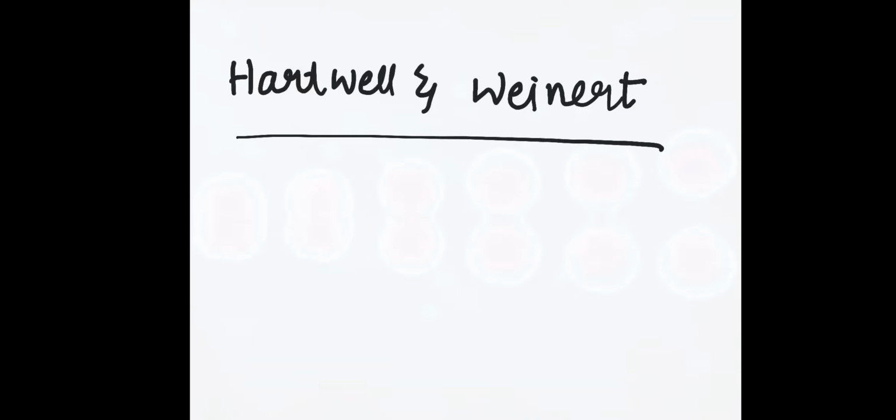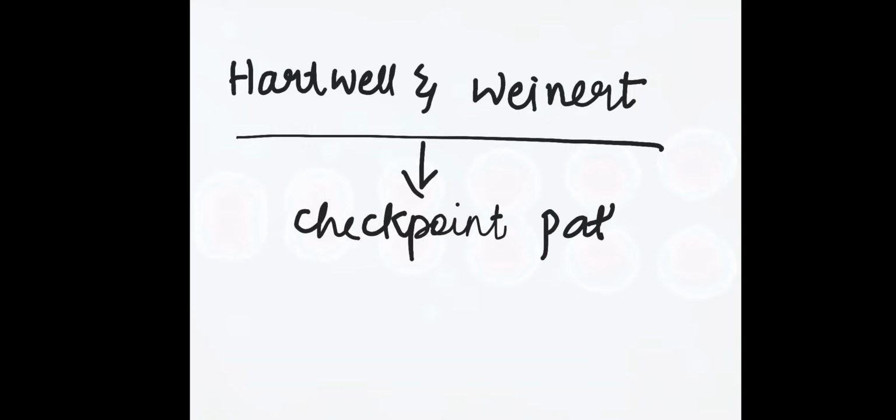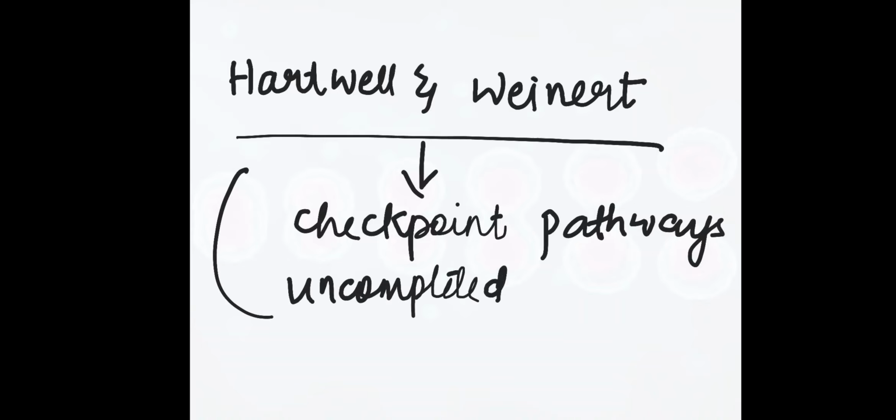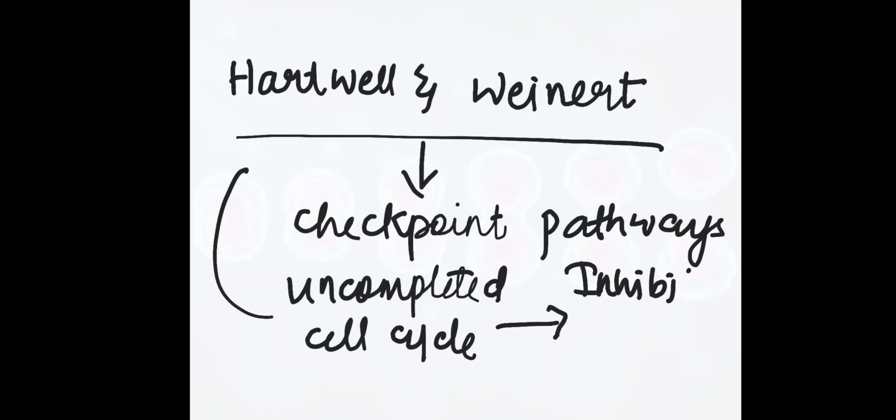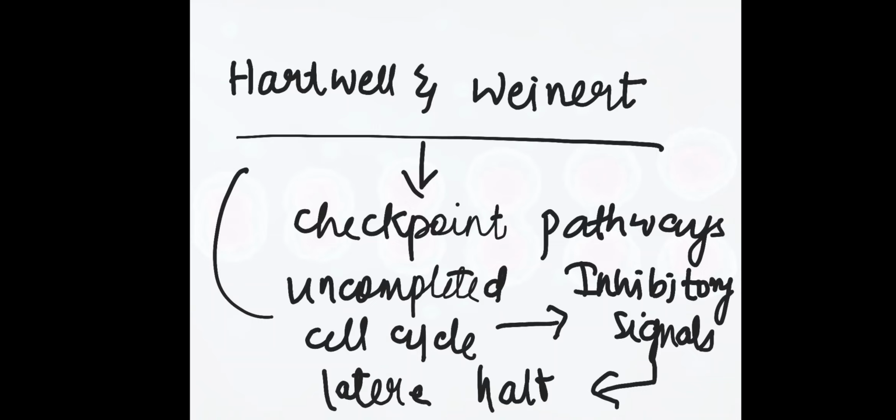Hartwell and Weinert hypothesized the existence of checkpoint pathways, by which an uncompleted cell cycle event sends inhibitory signals that halt the later events.